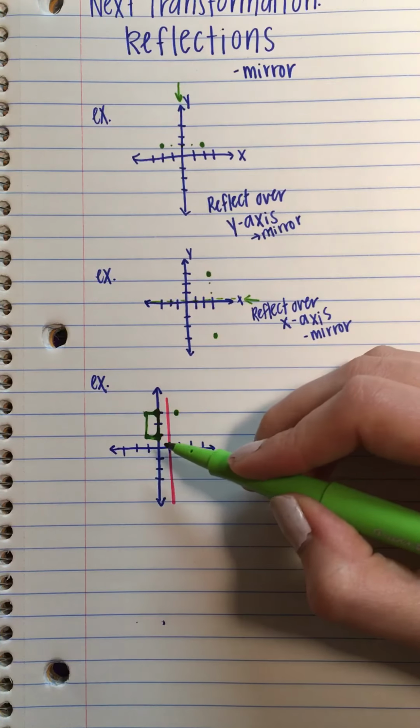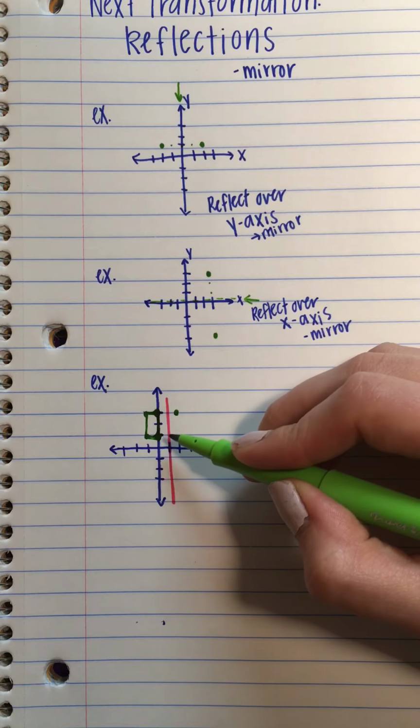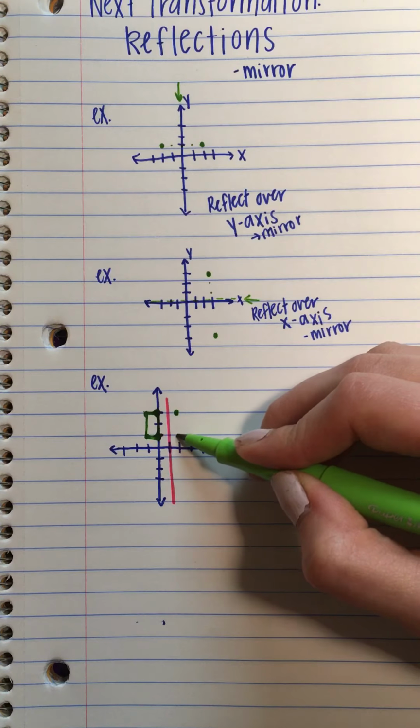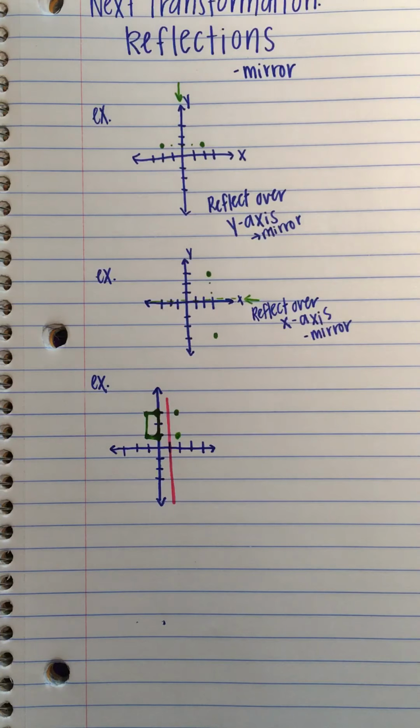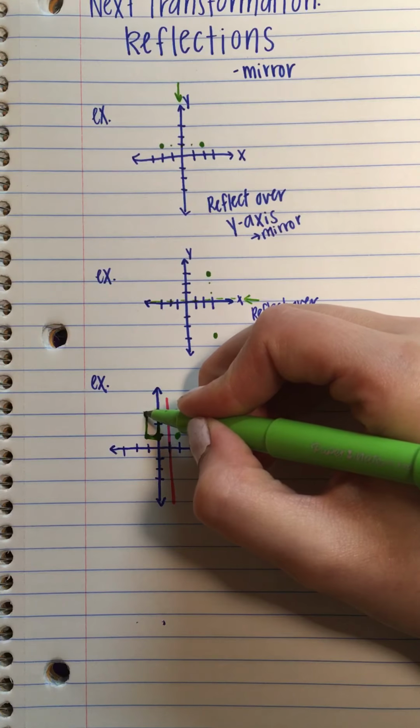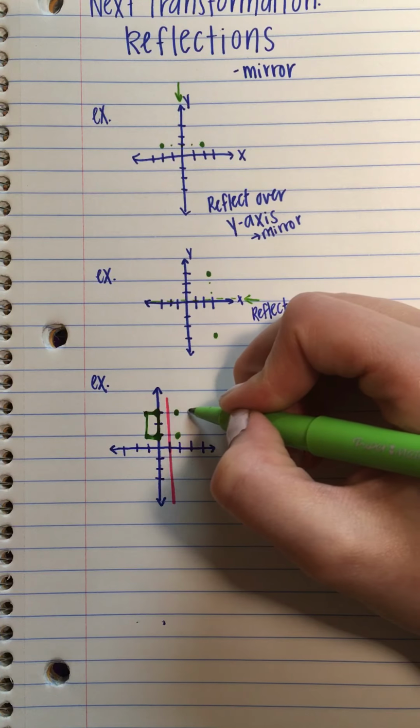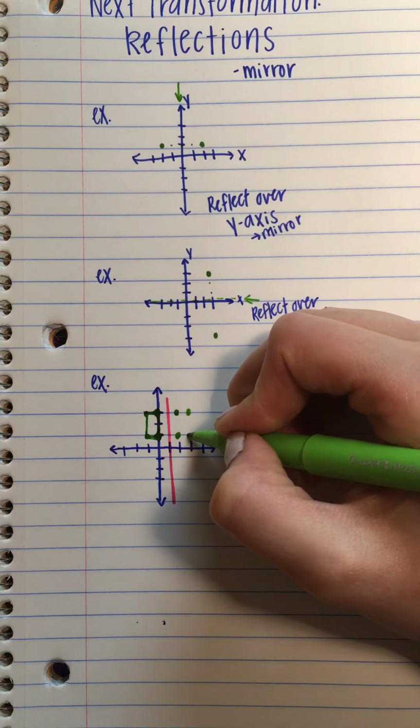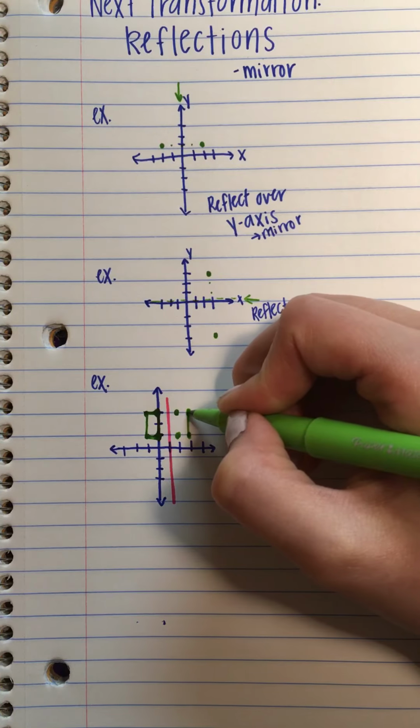Okay, I'm going to do this bottom point now. It's 1 spot away, so I'm going to keep it 1 spot away. Once you've plotted your reflection, it should literally look like you picked up what was on the other side and just flipped it over. Okay, so for this point here, I notice that it's 2 spots away. So I'm just recreating that same image.